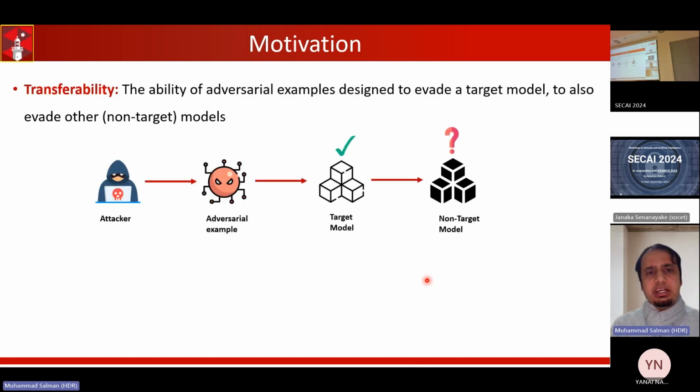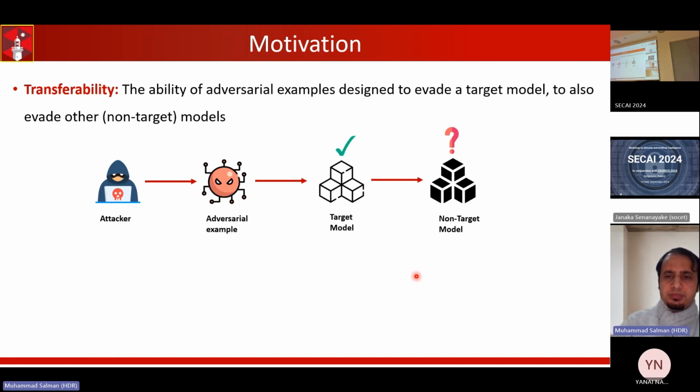Transferability refers to the ability of adversarial examples generated by an attacker, which are designed to evade a target model, to also evade other non-target models.